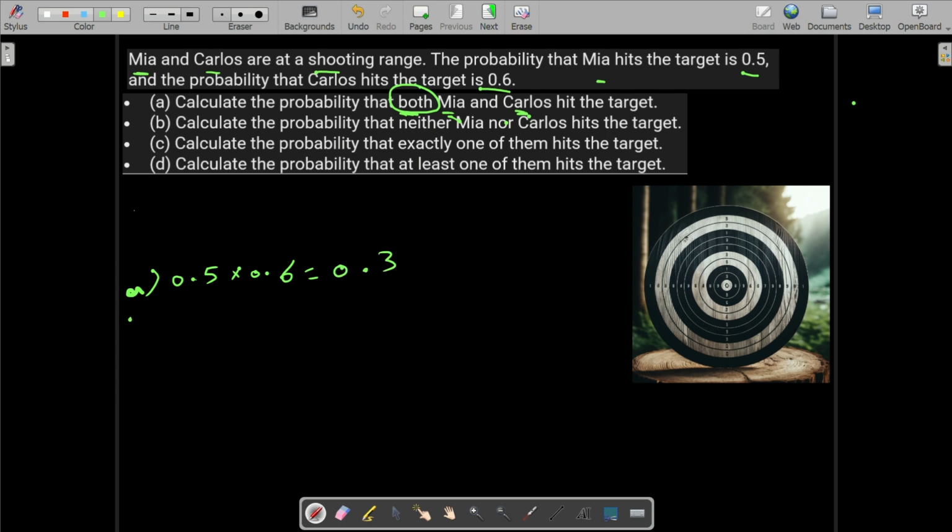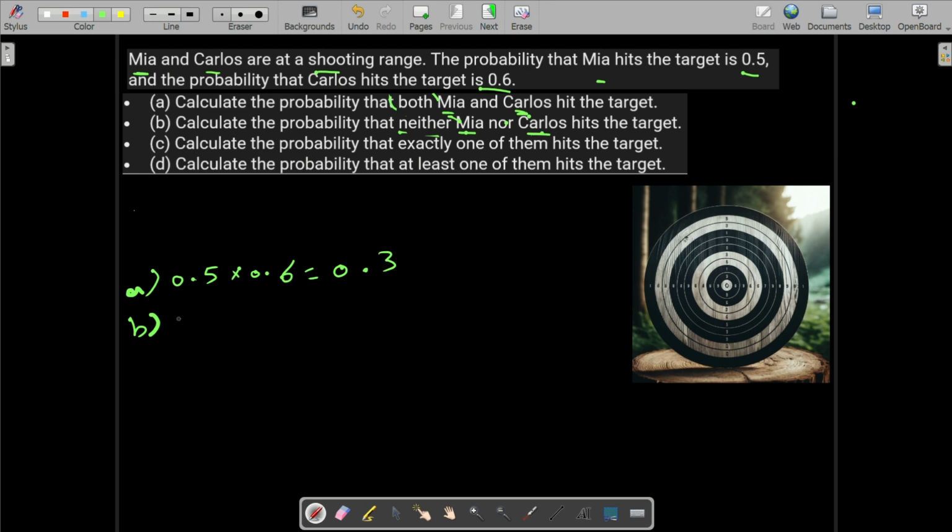Let's take a look at question B. Calculate the probability that neither Mia nor Carlos hit the target. Again, I have two events happening at the same time. What are these two events? Mia not hitting the target, Carlos also not hitting the target.